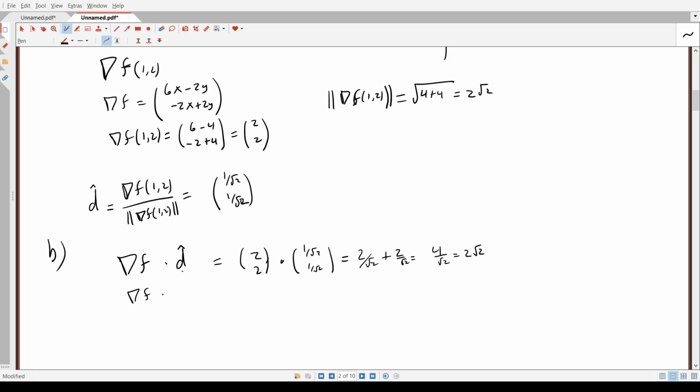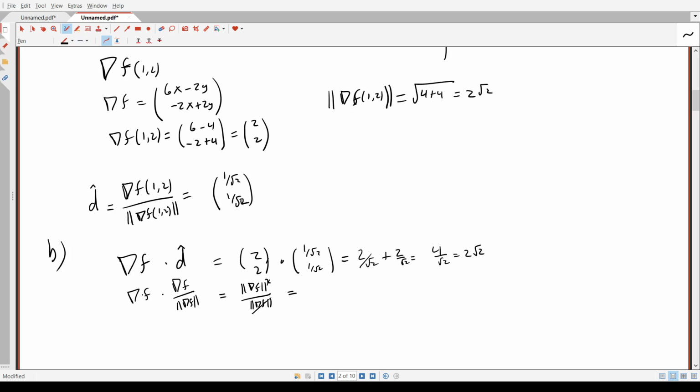What was this d hat? Well, it's right here. It was the gradient of f over the norm of the gradient of f. And I'm assuming this is all at the point 1, 2. Well, gradient of f dot gradient of f is the norm of the gradient of f squared over the norm of the gradient of f. Those cancel.